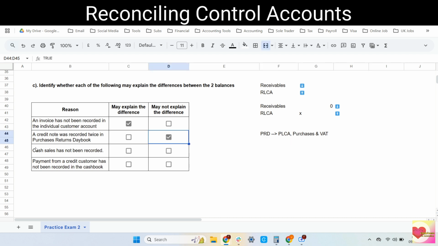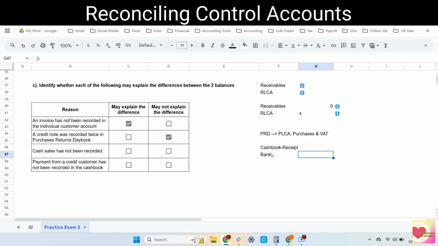Next, cash sales has not been recorded. The cash sales are supposed to be recorded in the receipt side of the cash book. We have 4 columns in the receipt side of the cash book, which are bank, sales, VAT, and receivables.